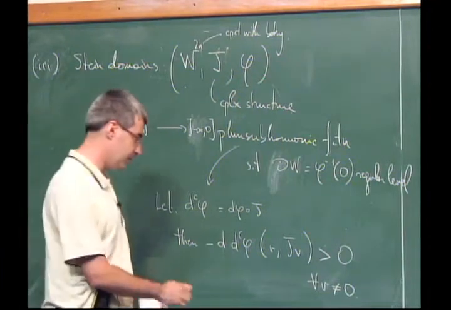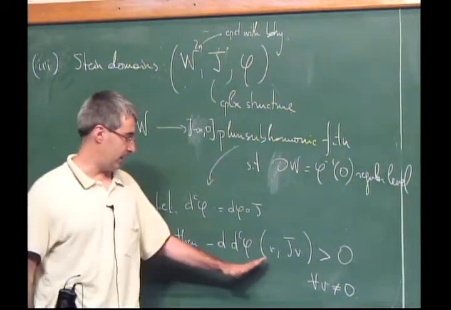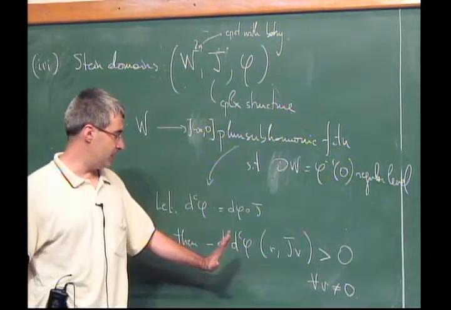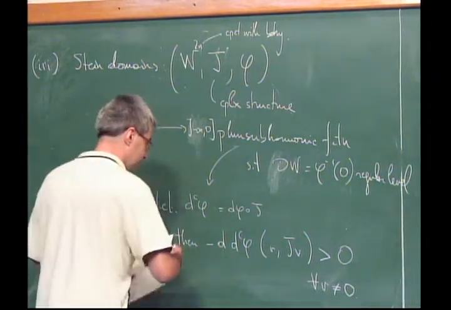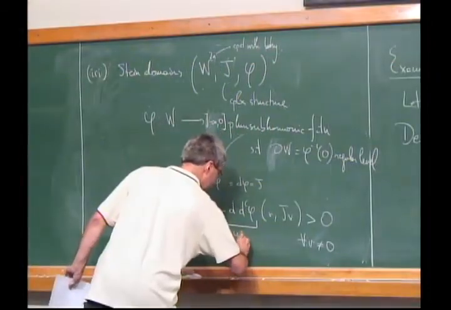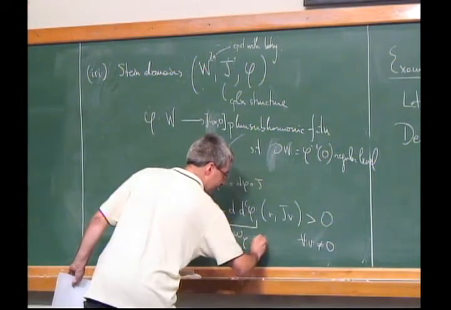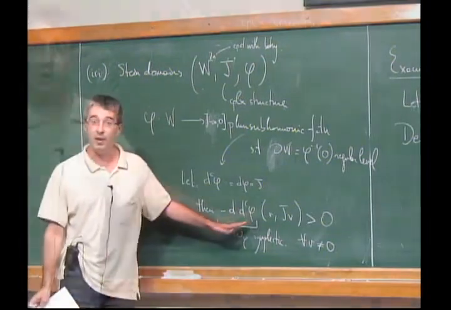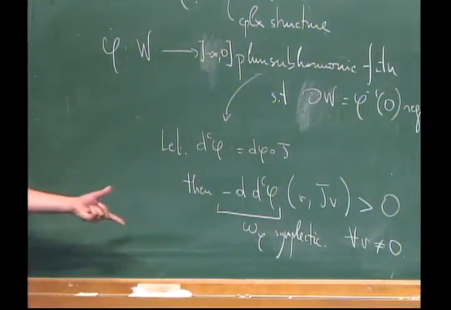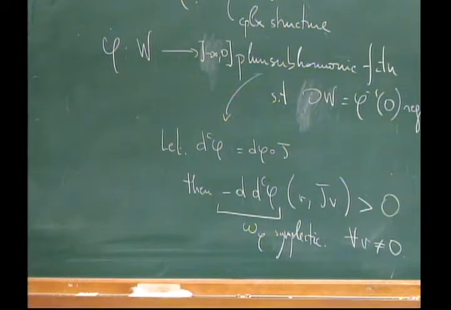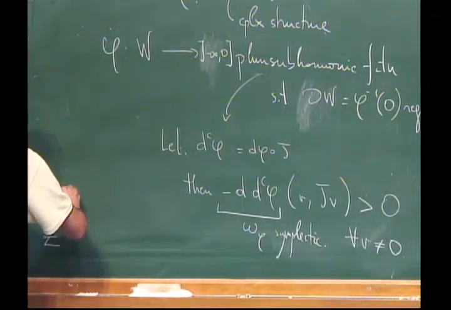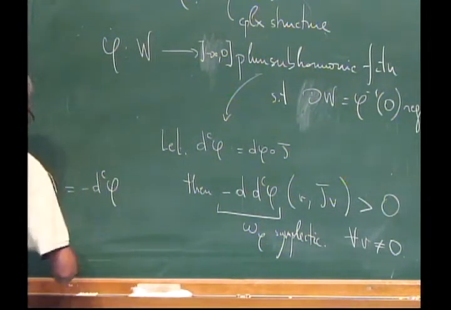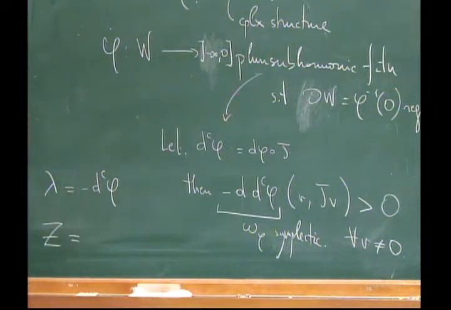So this in particular implies that this thing, which I call omega_phi, is a symplectic form. The primitive is going to be minus d^c phi. So lambda is minus d^c phi. And if you compute, it turns out that Z is the gradient of phi.